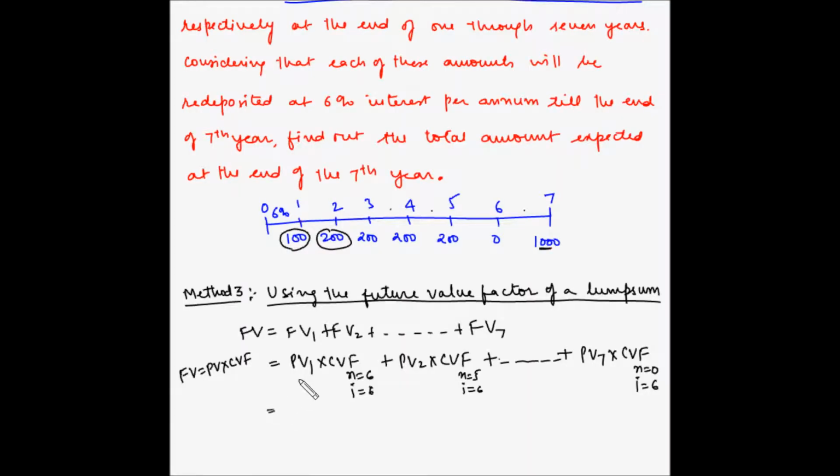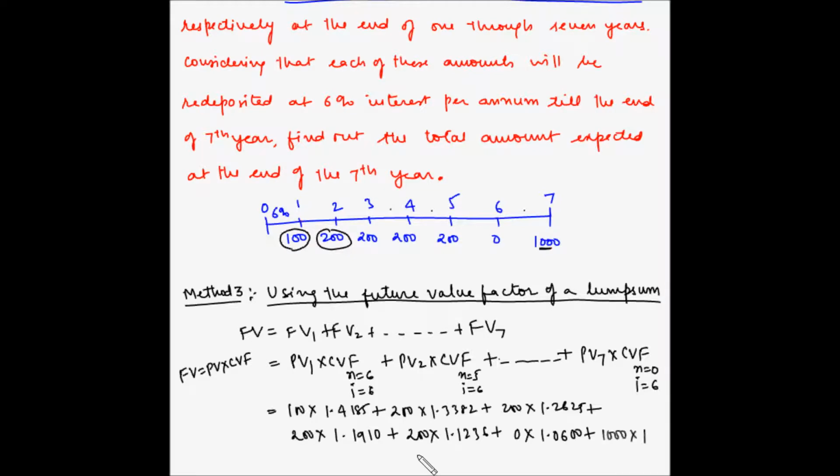So let's plug in the values. PV1 is 100 into CVF, n is 6 and I is 6, which was 1.4185, plus. So let me write down these values. So these are the values. Now let's calculate this using a scientific calculator.